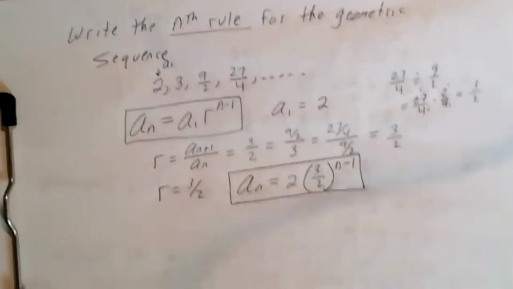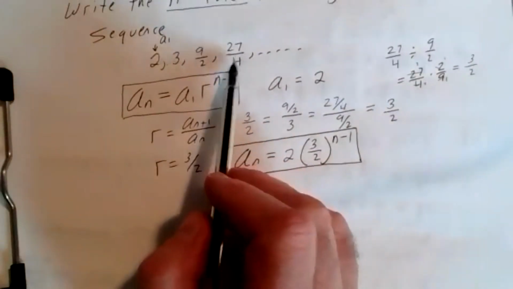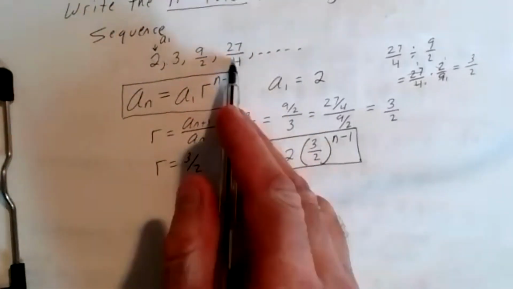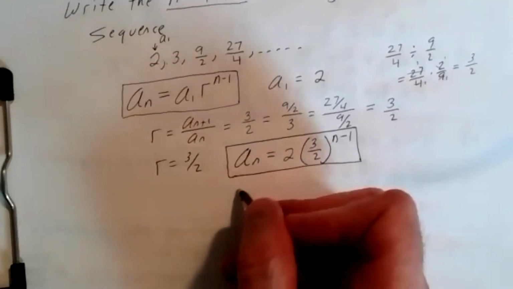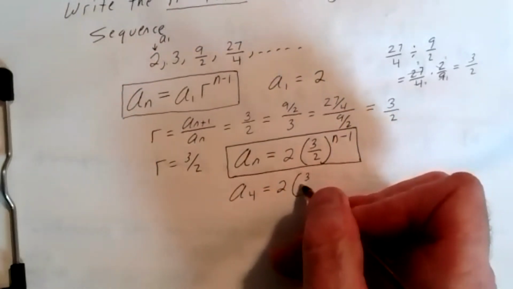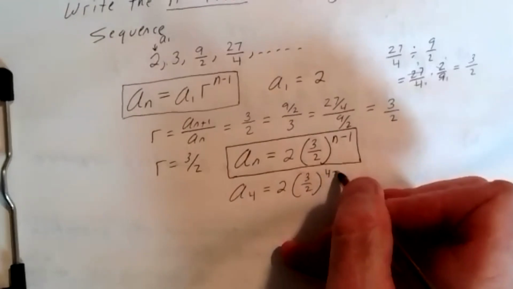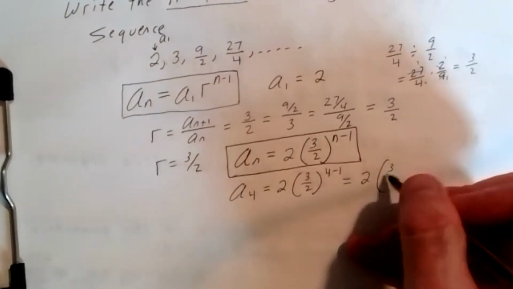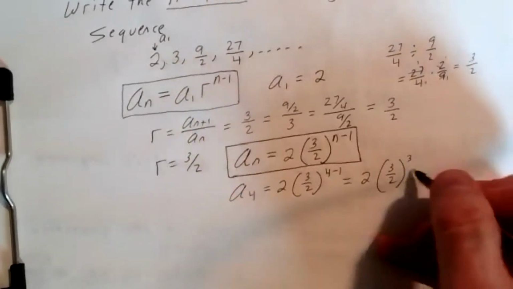You think it would? For instance, what term is 27/4? The 4th term. Let's see if we get that if we let n be 4 in this nth rule. So my 4th term should be 2 times 3/2 raised to the 4 minus 1 power, meaning 2 times 3/2 raised to the 3rd power.